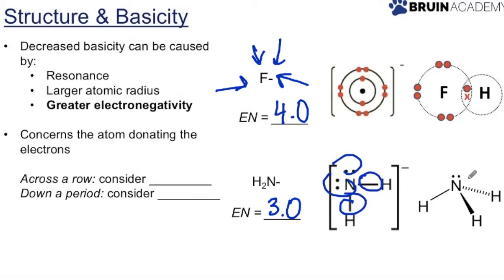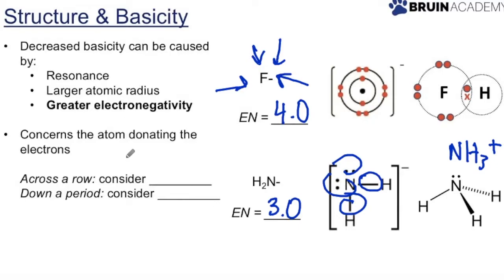So it's more likely to donate its electrons than fluorine is, and therefore form something like NH3+, which is its conjugate acid here.